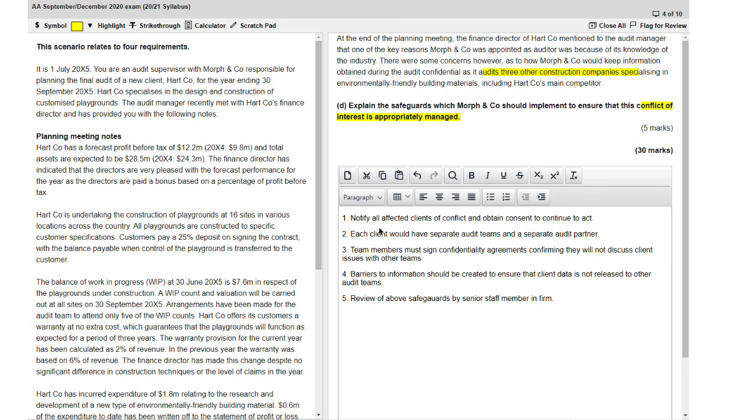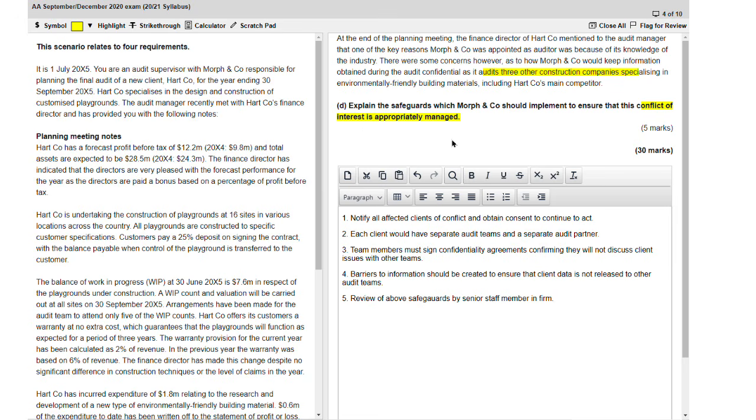I can always imagine three partners. One partner, again, is dealing with one client, one partner with another client. Another one is just making sure the safeguards are actually in place. Let's make sure those barriers for information exist and so on.